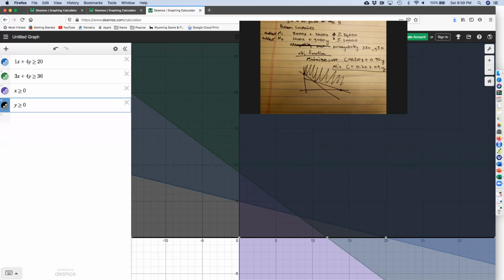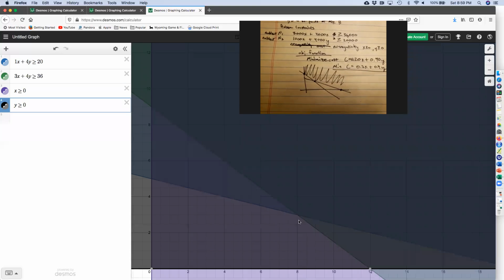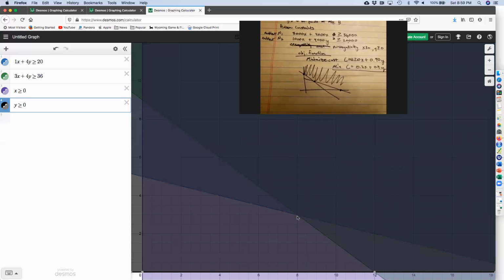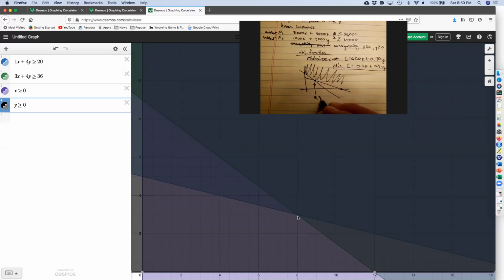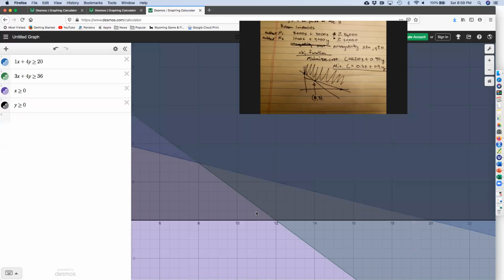If we go to our graph and look at this, this looks like 8 and 3. Yeah, I think that's 8 and 3. And if we look right here, this looks like 20 and 0.